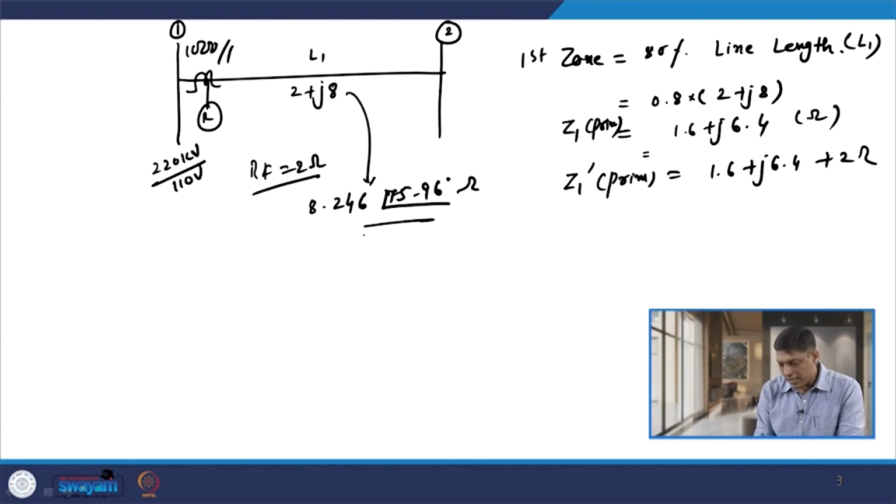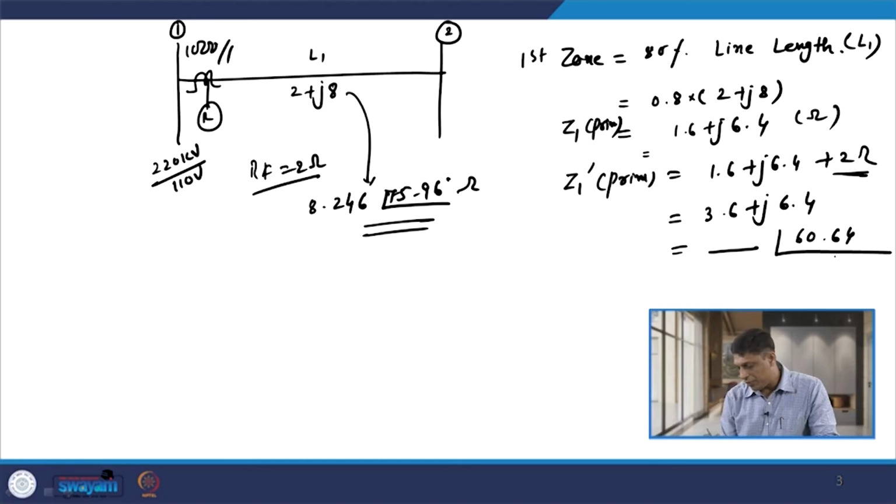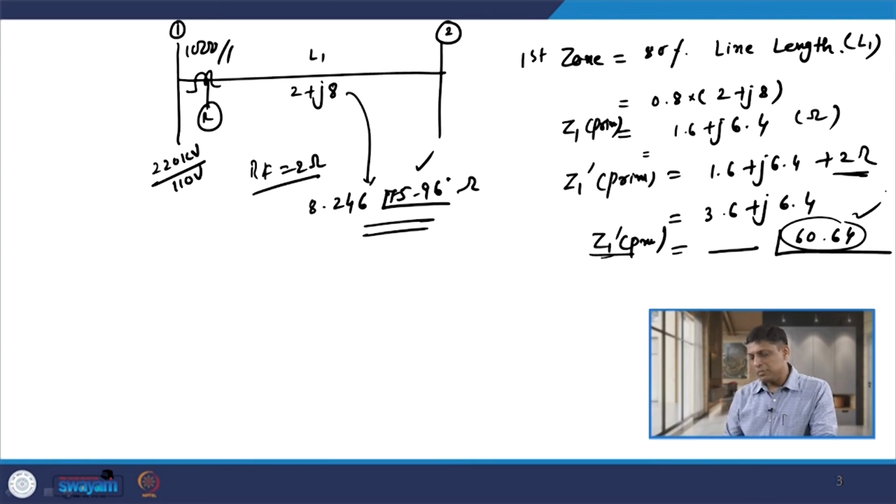When I add 2 ohm fault resistance, the value comes out to be 3.6 plus J6.4. If I convert it, the angle comes out to be 60.64. So you need to consider this Z1 dash primary, because in that case the angle phi reduces. Earlier it was 75.96, now it will be 60.64.